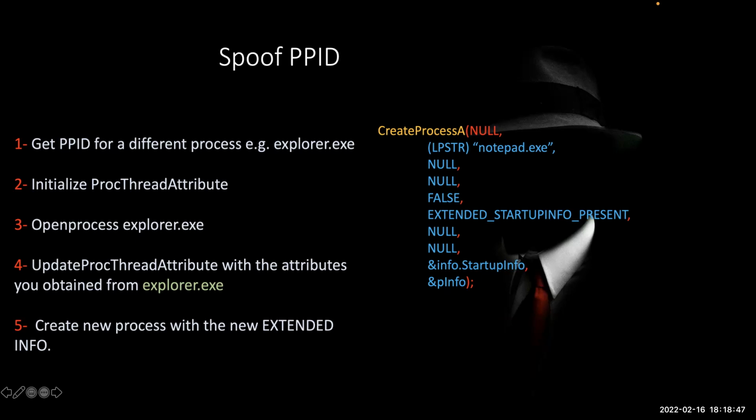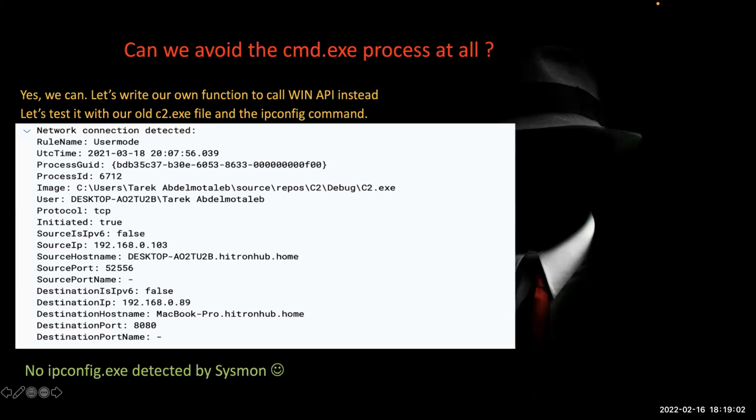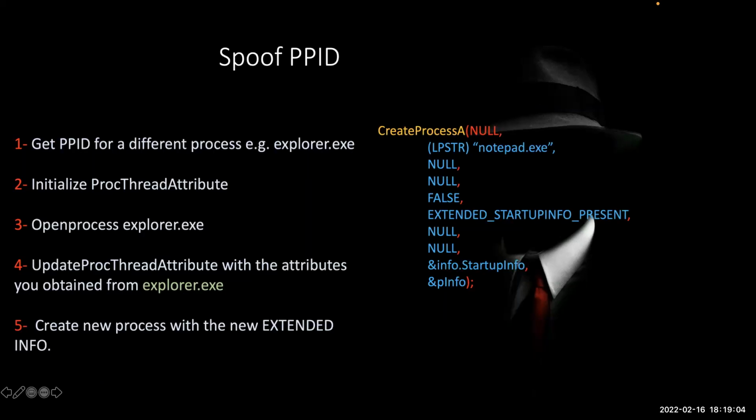It's like a structure of more necessary information about the process. So you're telling the API, hey, I have more information about this process. This EXTENDED_STARTUPINFO_PRESENT will take all the information from the STARTUPINFO that we should have created earlier. I can show you that as well.